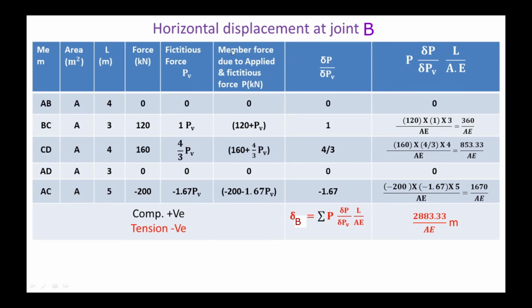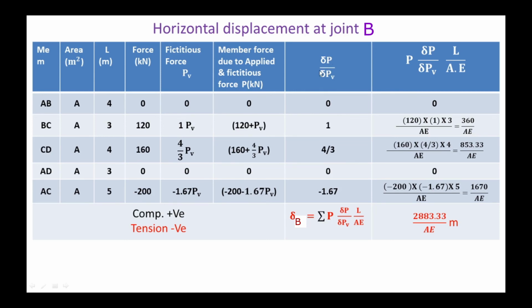Now this is the total force P, that is the fictitious force plus the applied load. So here 0, here 120 plus PV, here 160 plus 4 by 3 PV, 0, and here minus 200 minus 1.67 PV.